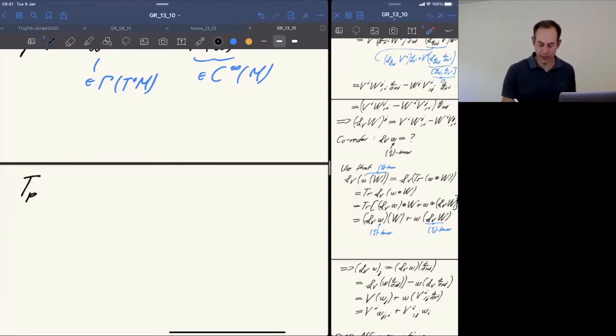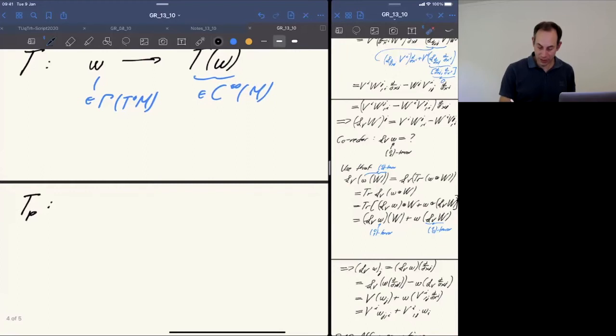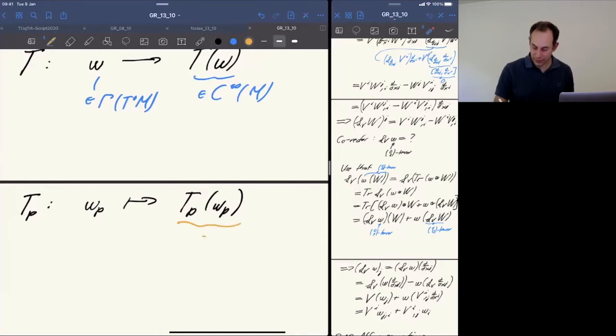What does it do at one point? It takes a covector at that point, let me call it omega_p, and makes out of it a number. So that's what a 1-0 tensor does. That's a real number.